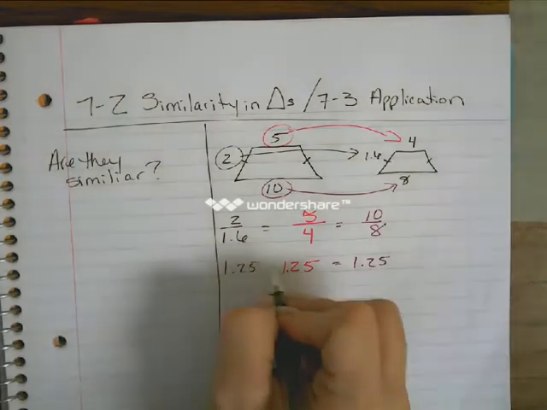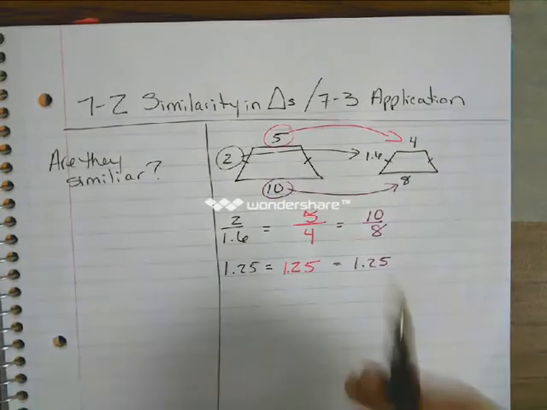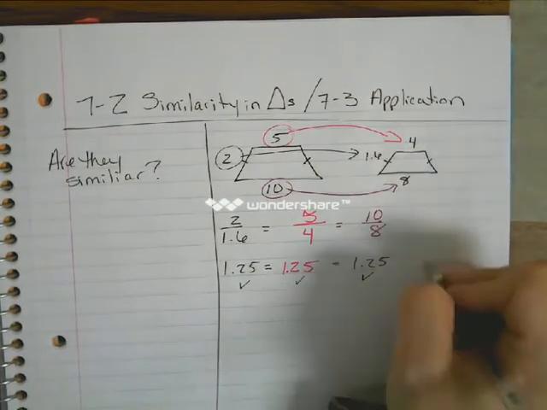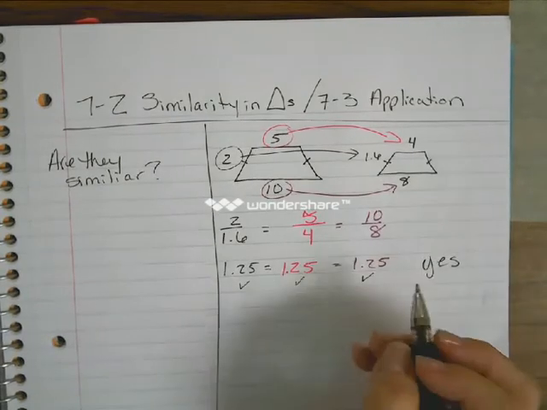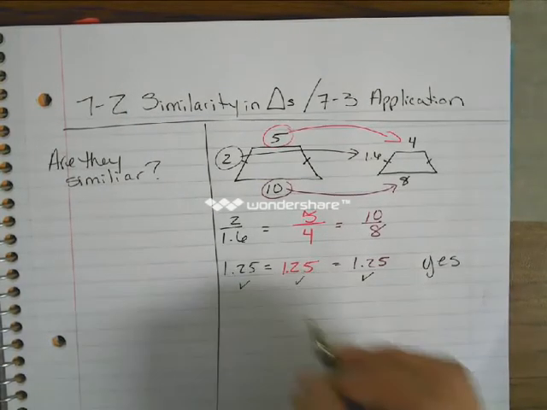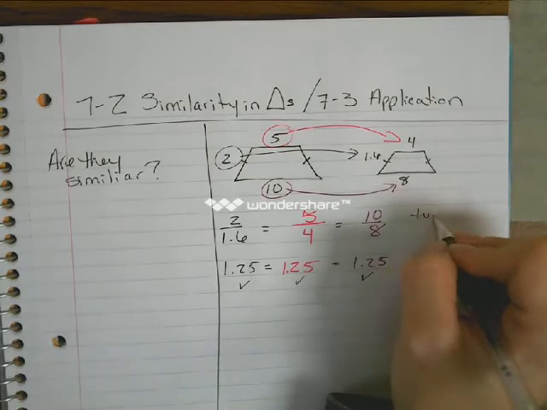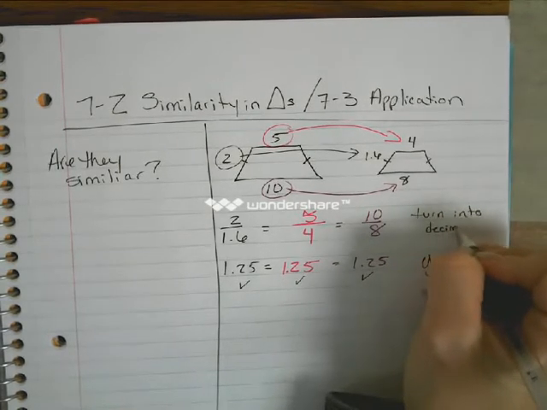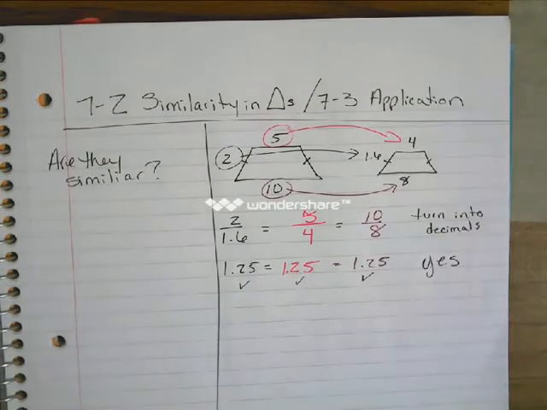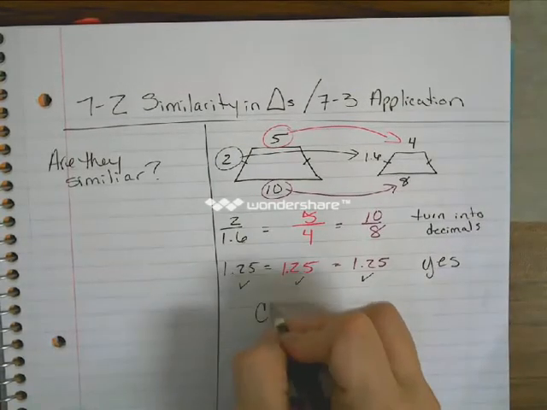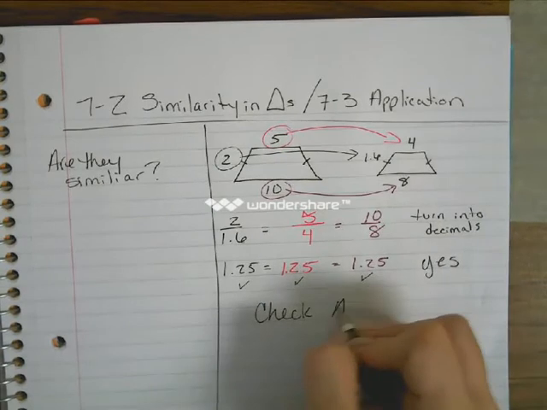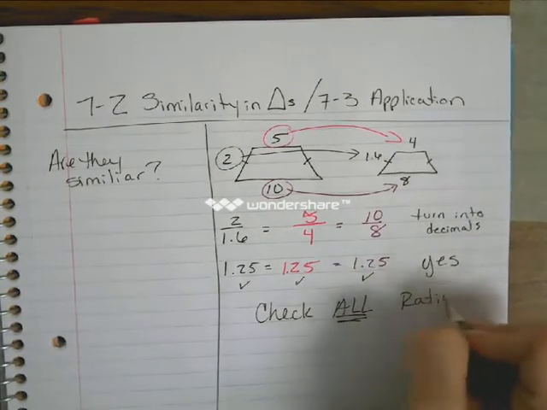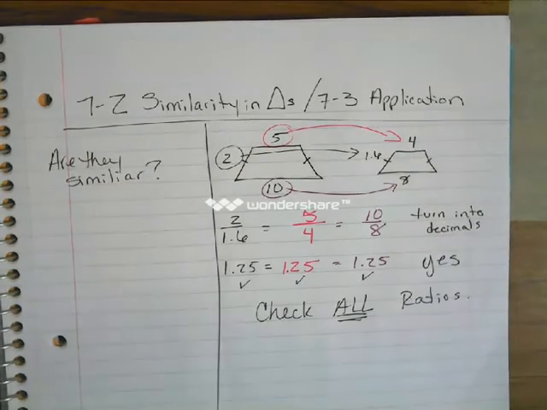So, in this case, all 3 of them were equal, so your answer is yes, but you have to check all. So at this point, we turn into decimals. And again, the key is to check all ratios.